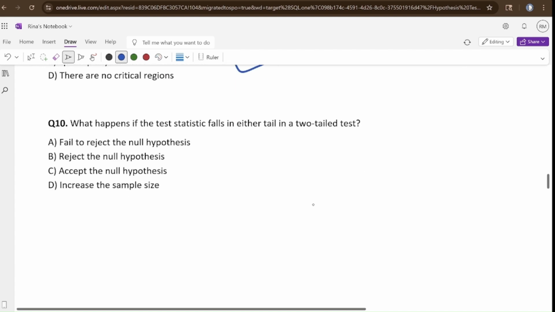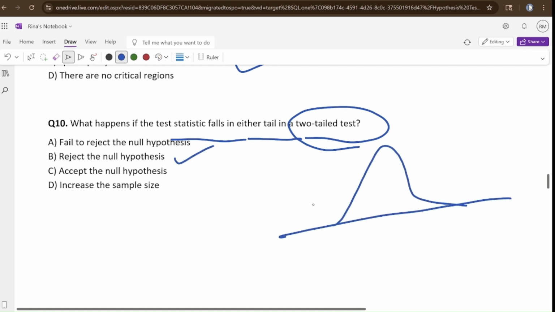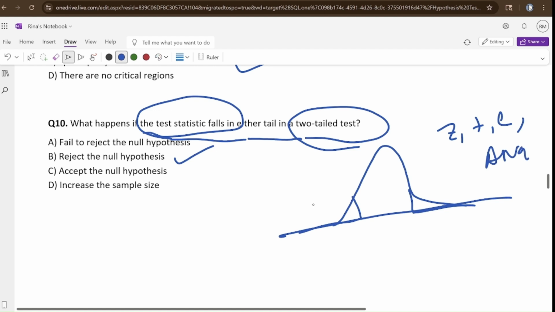Okay. What happens if the test statistic falls in either tail in a two-tailed test? Then you reject the null hypothesis. They want to say this is your normal curve, this is the critical region, this is the critical region. The test statistic, like Z, T, chi-square, ANOVA, whatever it is, falling in either tail, here also it may fall, here also it may fall.